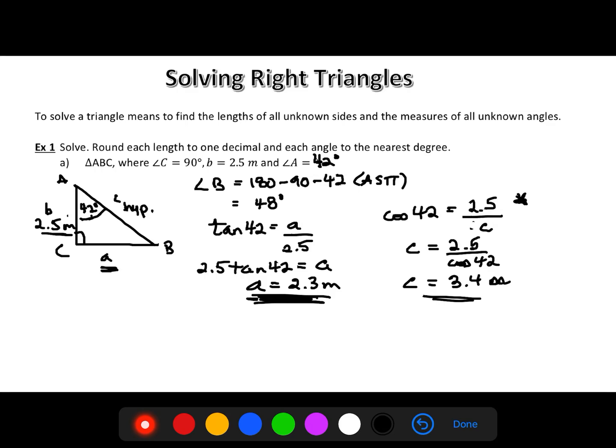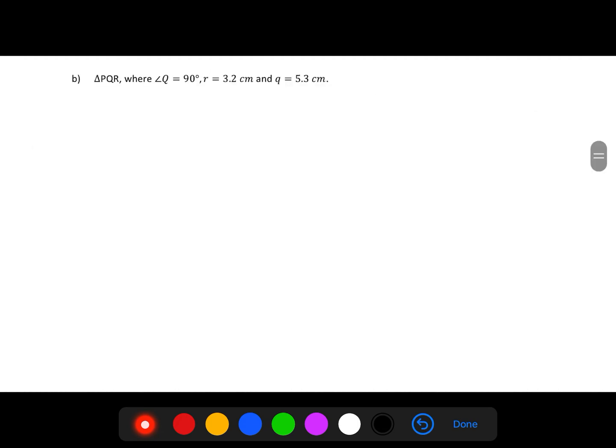We know that this is more precise than using an answer that we rounded. If we had to use the answer from over here, we could keep more decimal places, either way. Now, because we did a whole bunch of things here, we want to sum up what we did in a therefore. So we found angle B is 48, side a is 2.3 meters, and side c is 3.4 meters. Okay, so just summing up everything that we did there.